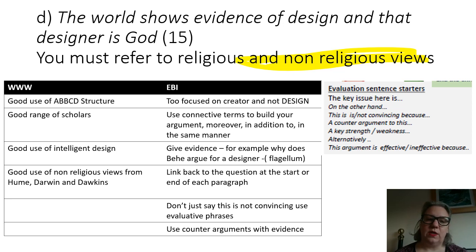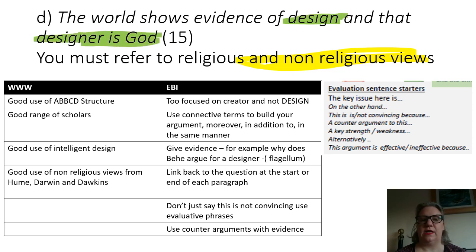Next, we're going to look at the even better ifs. The first even better if was that too many of you wrote about creator and not designer. Again, similar in a way to the issues with the part C, it wasn't a lack of subject knowledge, it was not focusing on the hinge word in the question, which is design and designer.